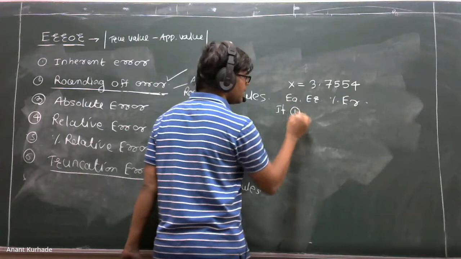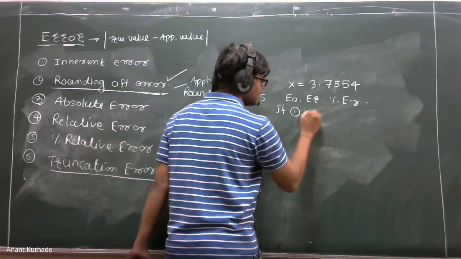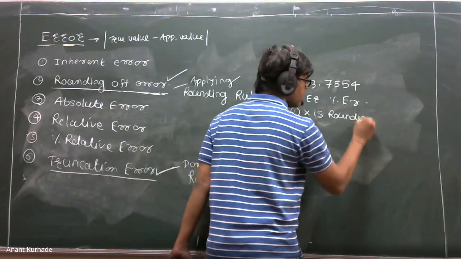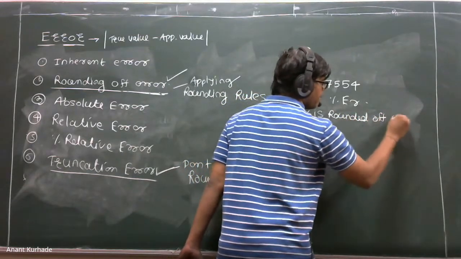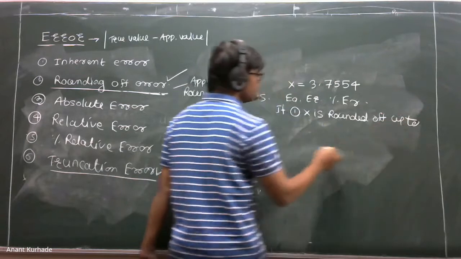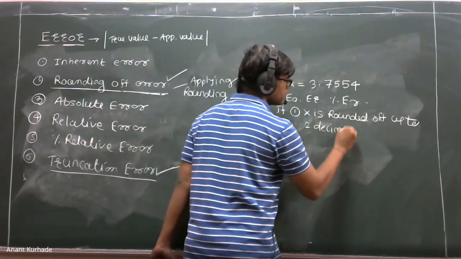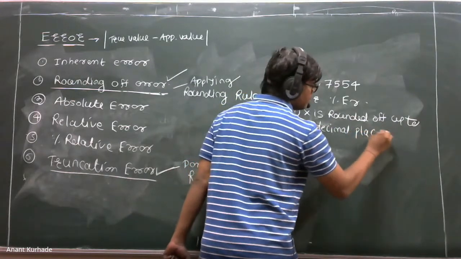If the first condition is, X is rounded up to two decimal places.